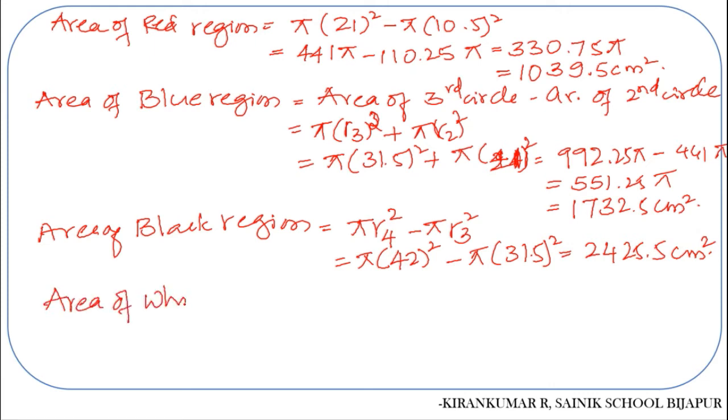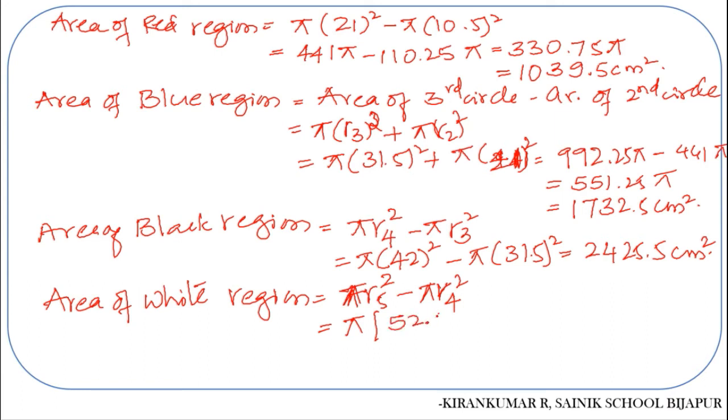The area of the white region will be equal to the area of the fifth circle, pi times r5 square, minus the area of the fourth circle, pi r4 square. Substituting r5 and r4, I'll take pi as common: 52.5 whole square minus 42 whole square.